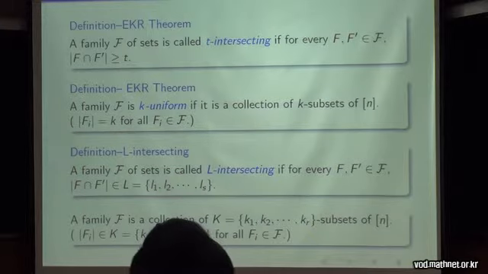It is called L-intersecting. In addition, the size of each set is in the set K, from k1 to kr.